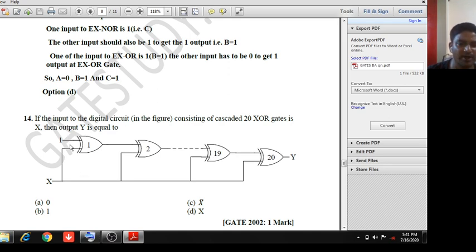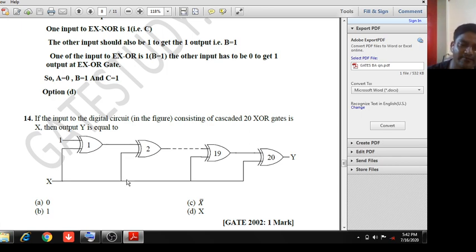Okay, this is 1, this is x, this is XOR gate. So x XOR 1, you know what x XOR 1 equal to? x bar. It works as a NOT gate. Please remember these four expression: x XOR 0, x XOR 1, x XOR x bar, x XOR x. 1 and x, this is x bar, okay, and you are getting x bar, and 1 is x.